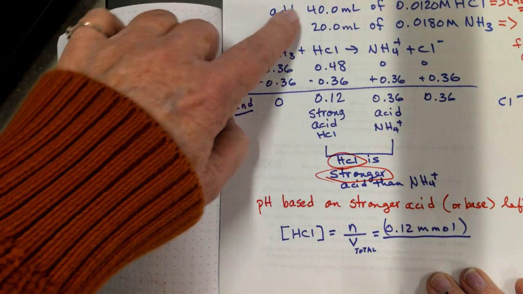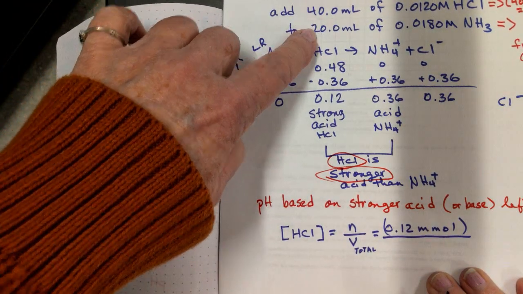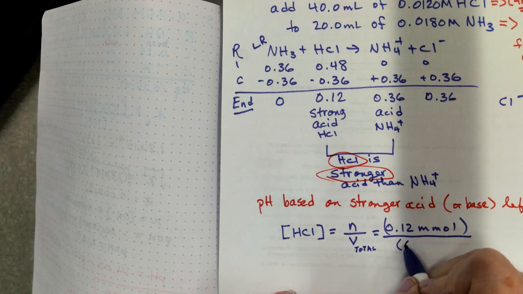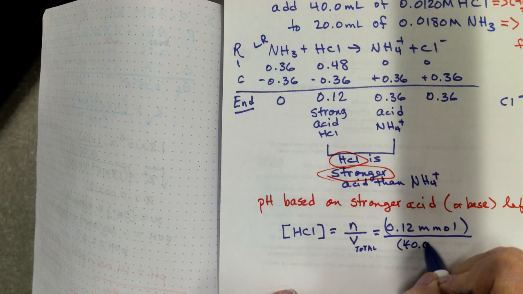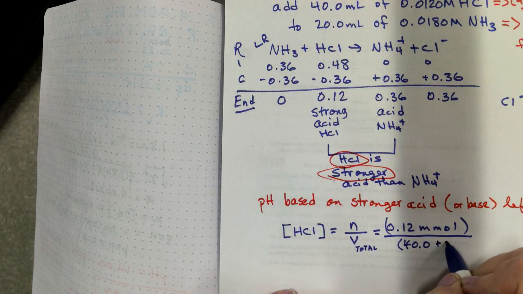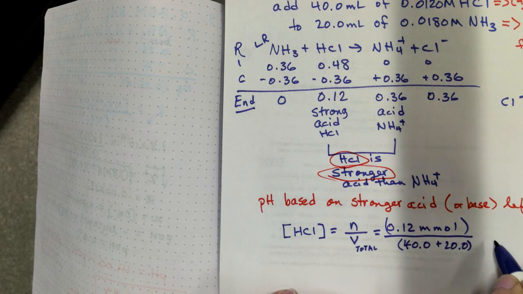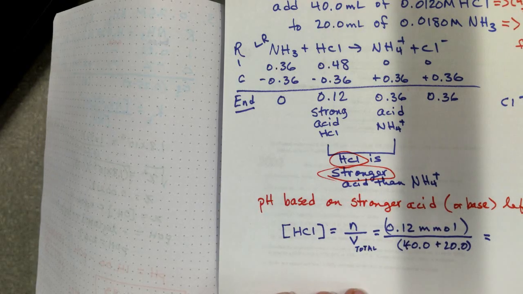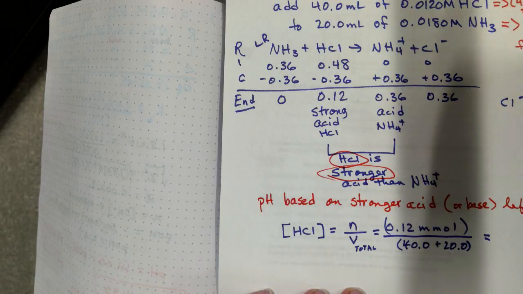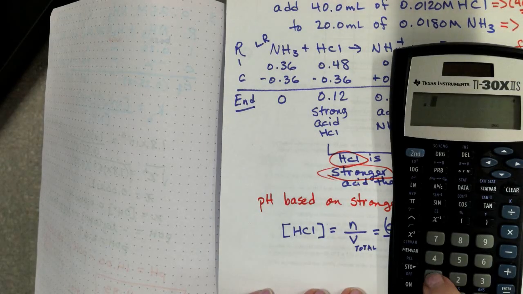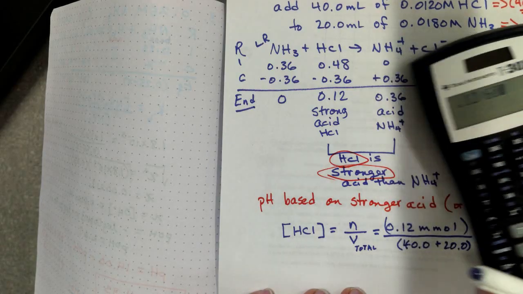Go back up here. I added 40 mL to 20 mL. That's 60 milliliters. So you need to show the grader that you're adding those 40 plus 20, and then the concentration is going to be 0.12 divided by 60.